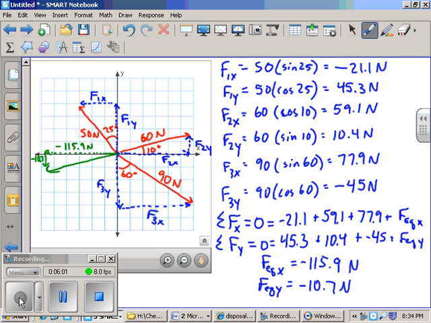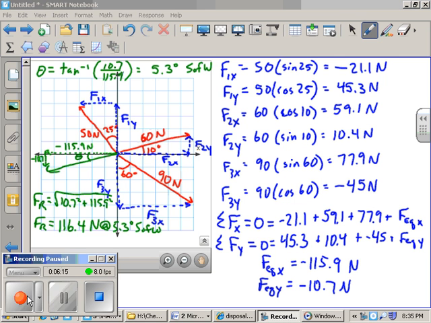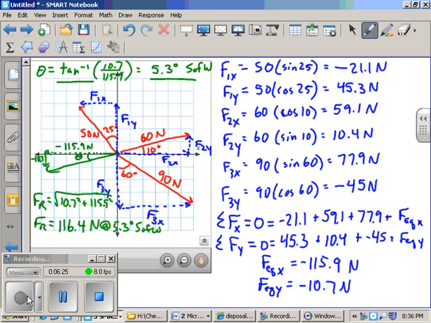And now you can calculate that equilibrant with your standard trigonometry. Go ahead and do that now and compare your answers to see what we get. Remember, we need both a magnitude and a direction. Okay, I went ahead and calculated this, and I used inverse tangent to calculate that this angle was 5.3 degrees, and I just said south of west.